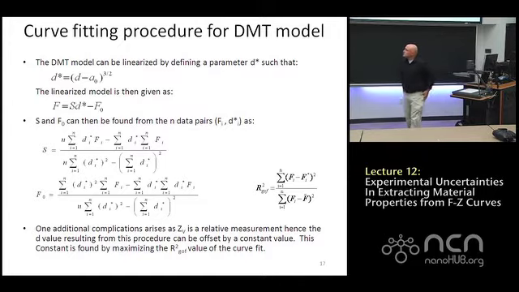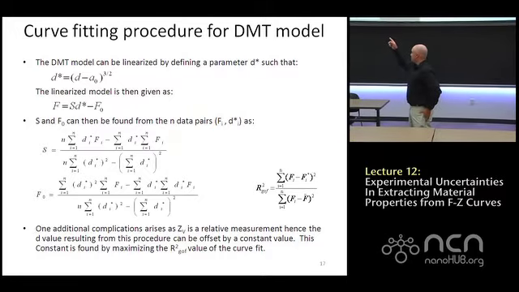Is small d a positive or a negative number? Because it seems to me it could be either. Well, for this case, obviously D minus A naught to the 3/2 can't be negative. And that arises from the fact that DMT is a contact model. DMT itself says nothing about what happens prior to contact.